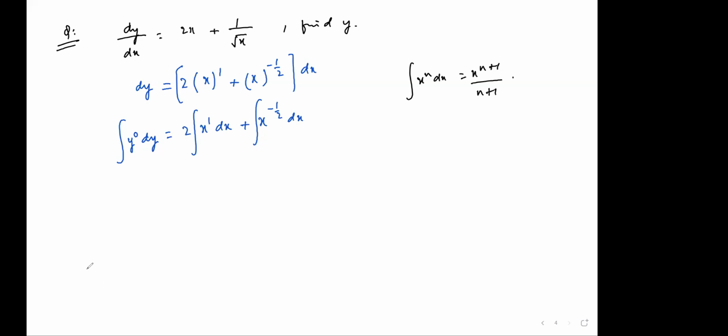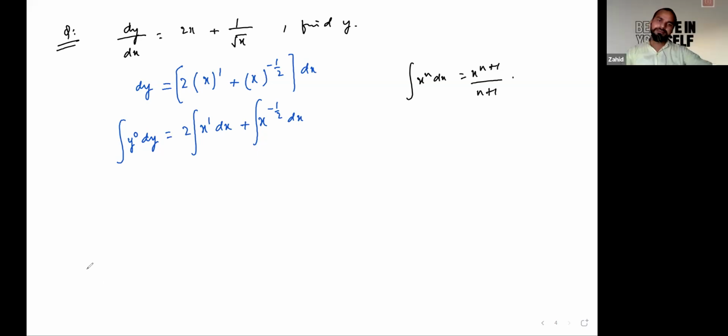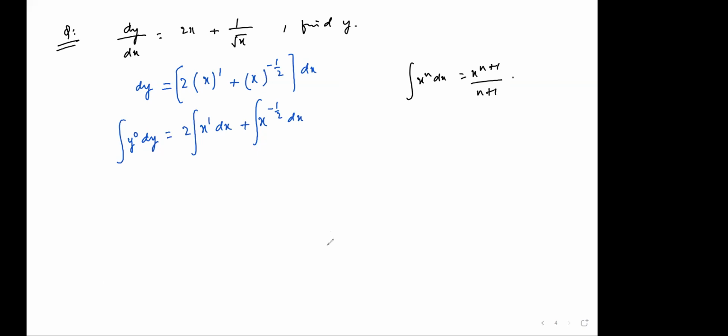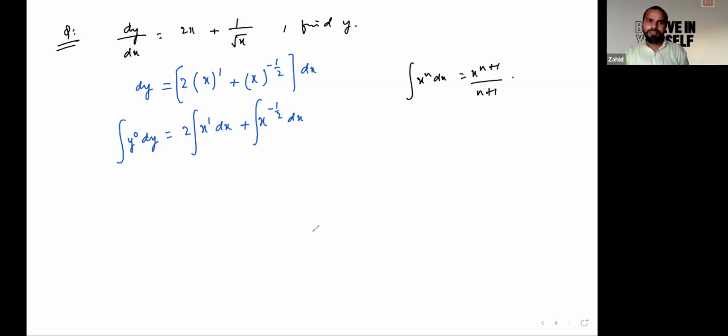Sir, done. Tell me your answer. y is equal to x square plus 2 root x. I think you are right.